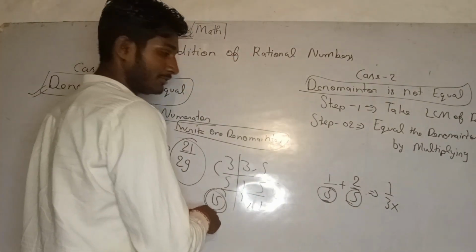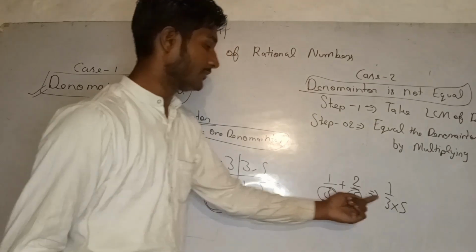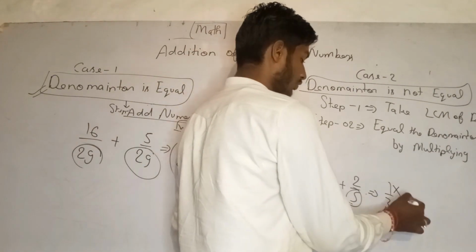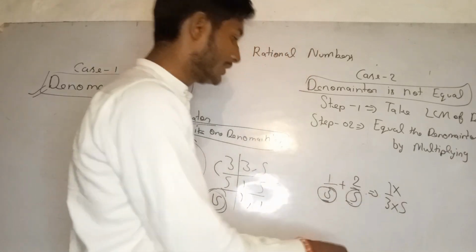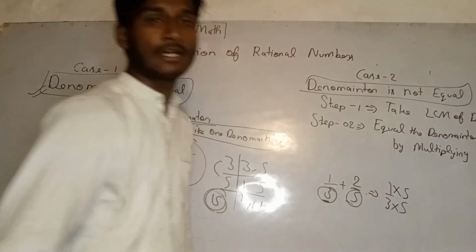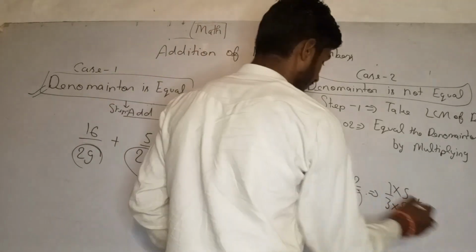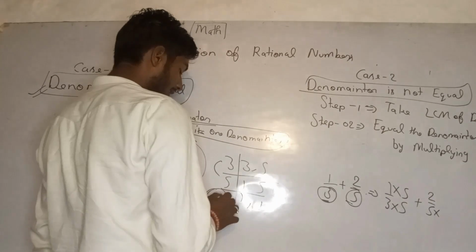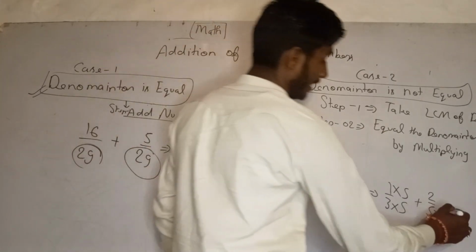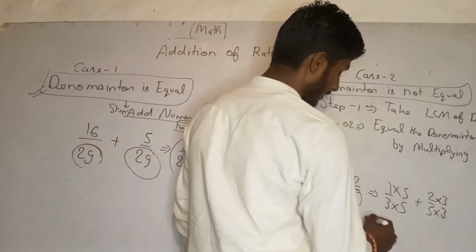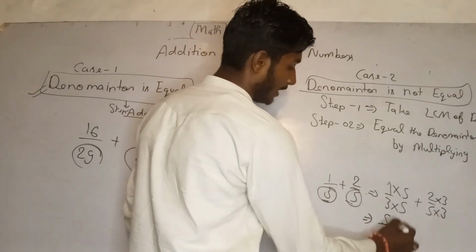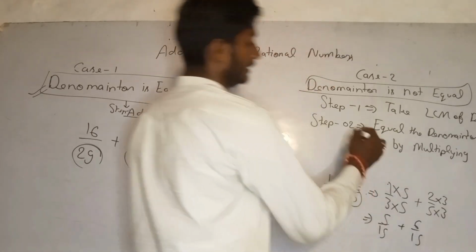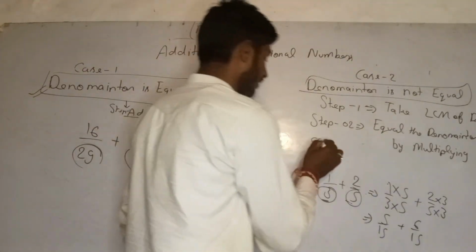We want to get 15, so we multiply by 5 to equalize the denominator: 3 times 5 is 15. If we multiply the denominator, we also multiply the numerator. Plus 2 upon 5, and here we multiply by 3 because the LCM is 15. 5 times 3 is 15, and 2 times 3 is 6, so 6 upon 15. And after this, what is step 3?